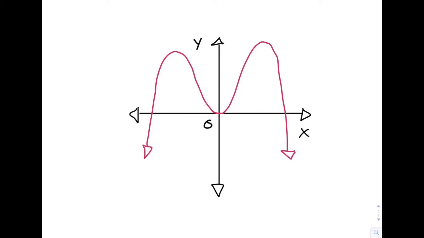So let's take a look at this graph. First, I thought it might be useful to talk about the end behavior. So if we look as x gets really negative, the graph gets really negative. So we could say that y goes to negative infinity as x goes to negative infinity, and y goes to negative infinity as x goes to positive infinity.